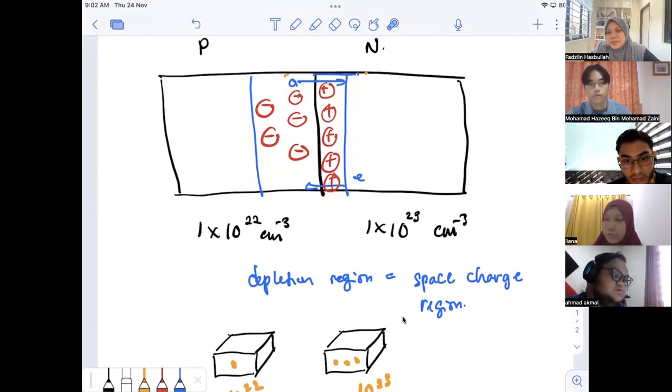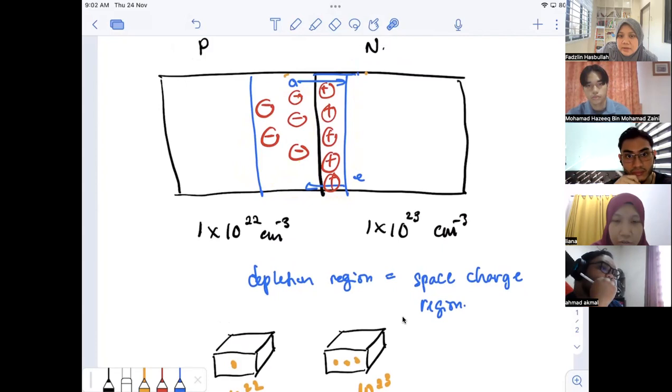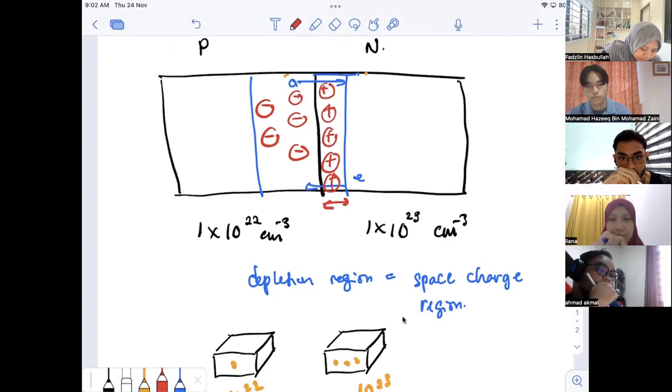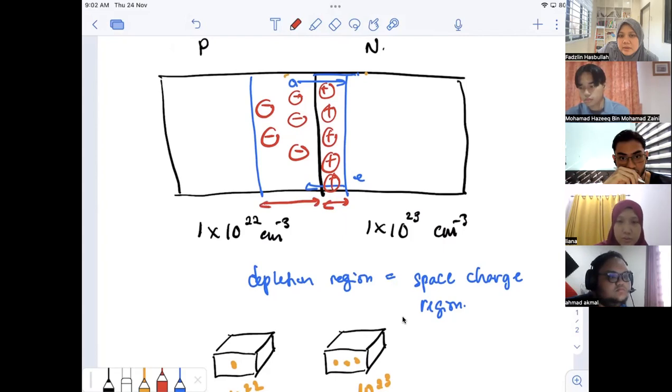You understand? But the region itself, different size or same size? This is different. Here is like this, the depletion width. That one is the depletion region, but the total size of P and N, can we draw it the same size, even though it is different, 10 to the power 23 and 22? Do you mean this size?